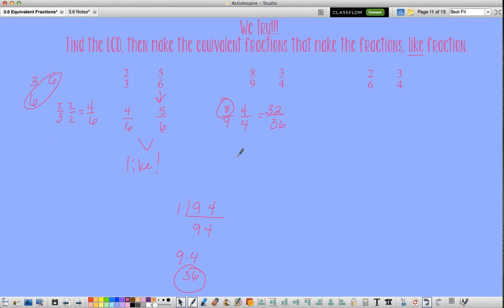So now 8/9 is equivalent to 32/36, and 3/4. We multiply by something to get 36, and I know that something is 9. What I do to the bottom, I have to do to the top, so I get 27. So now I have like fractions of 32/36 and 27/36.